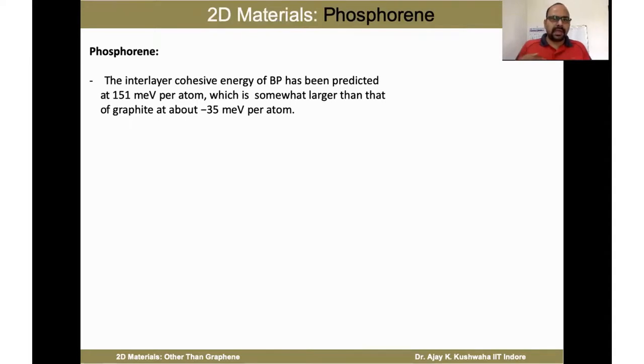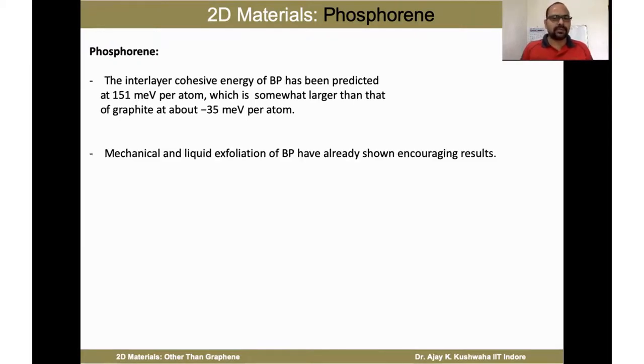What is the difference when we are doing the exfoliation? Basically, the interlayer cohesive energy in the case of black phosphorus is very high, almost 151 millielectron volt, as compared to graphite, which is very, very low. So here we need to supply a very high energy if we are trying to separate the layers.